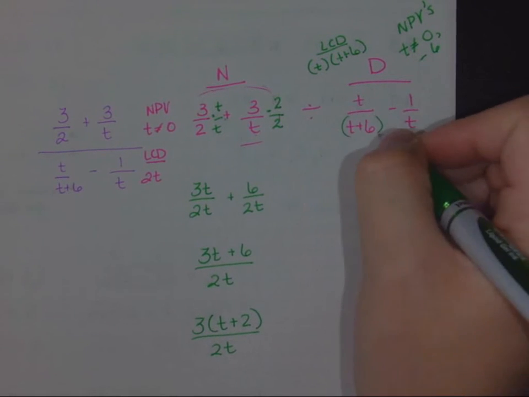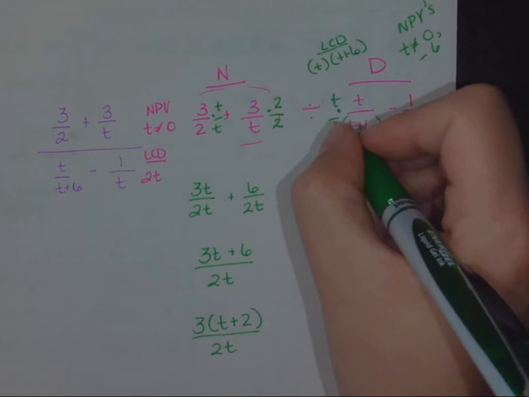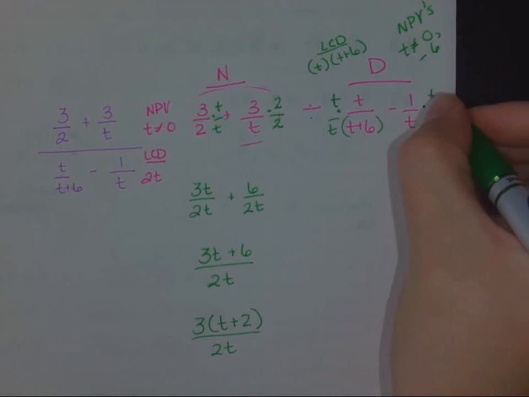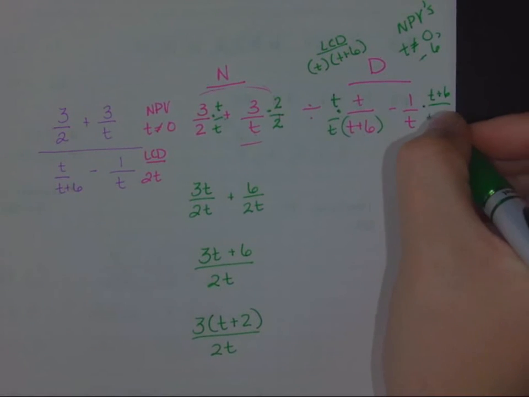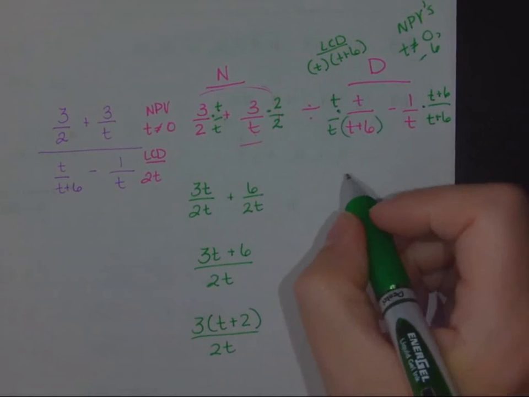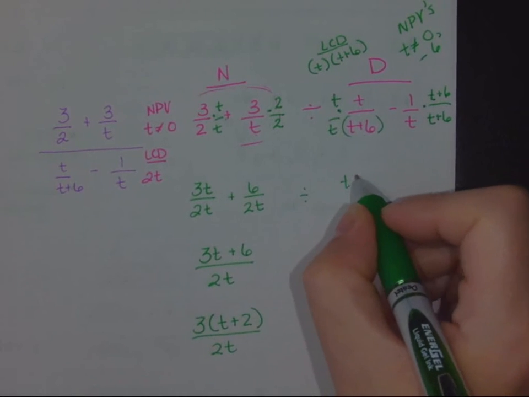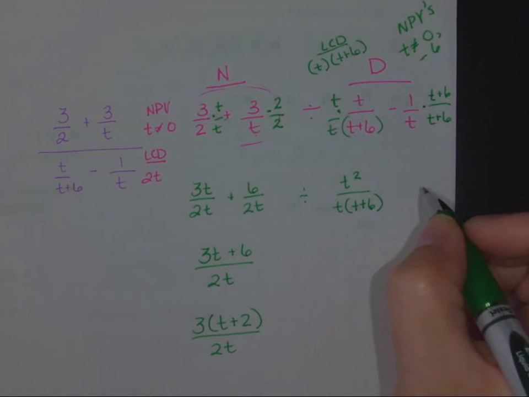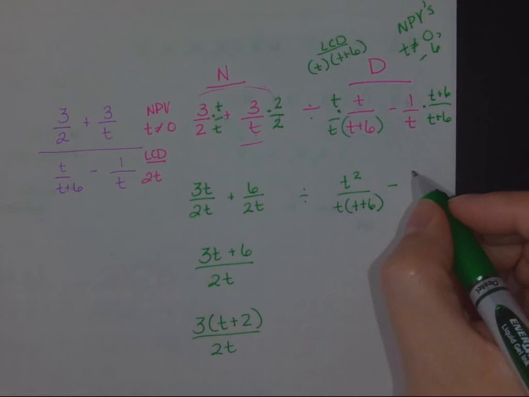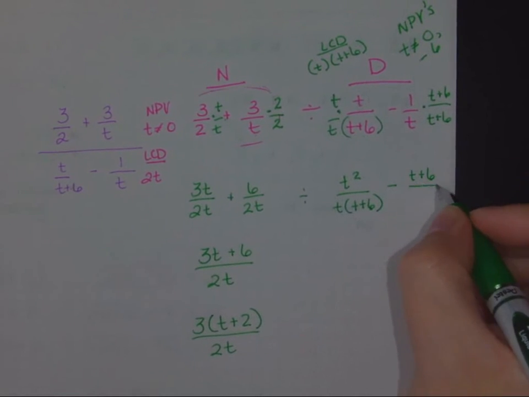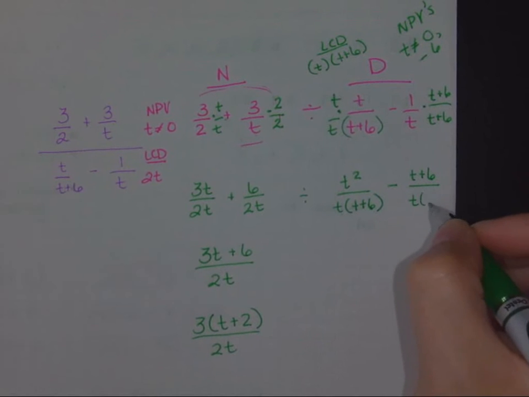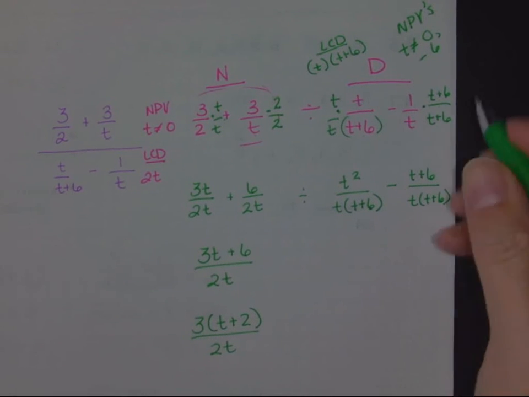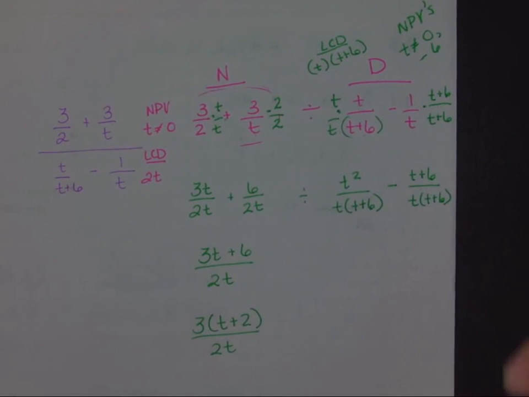This one's missing the t, so it's going to be t over t, and this one's missing the t plus 6 over t plus 6. On top, I'm going to have t squared over t times t plus 6 minus t plus 6 over t times t plus 6. That's a 1, so I didn't show my multiplying through.